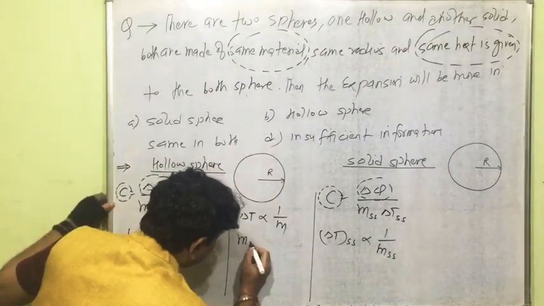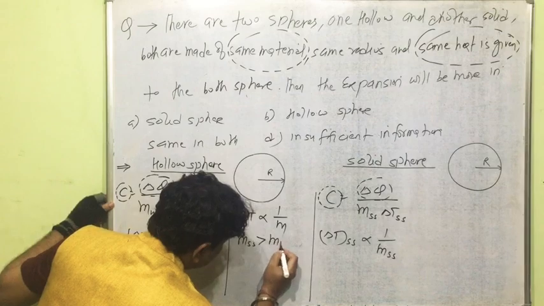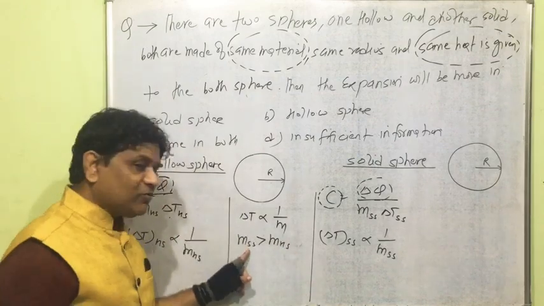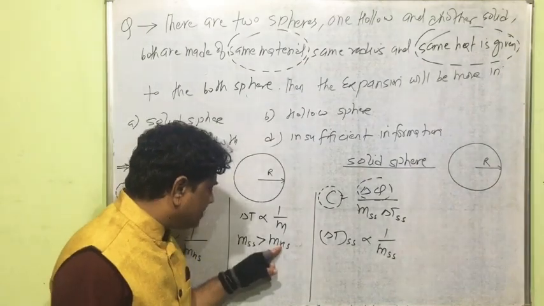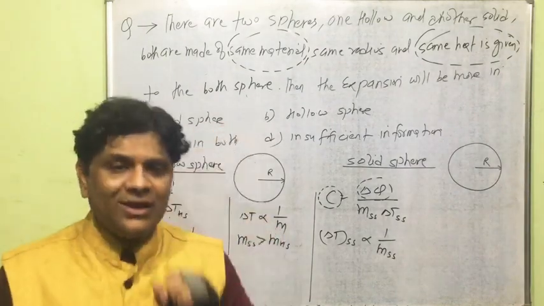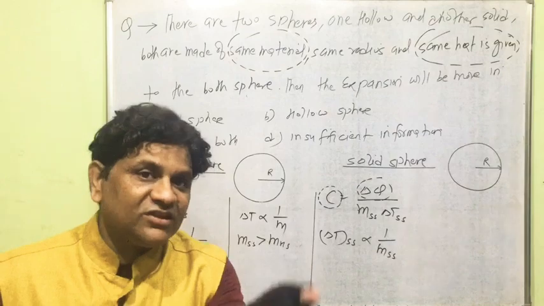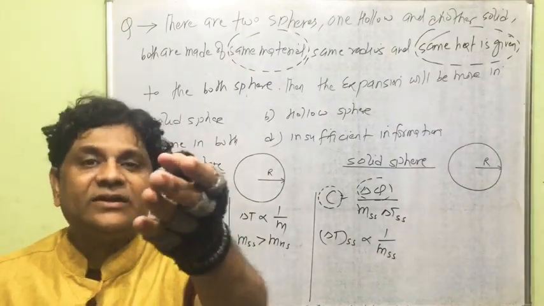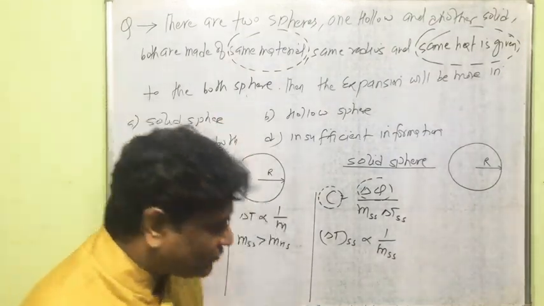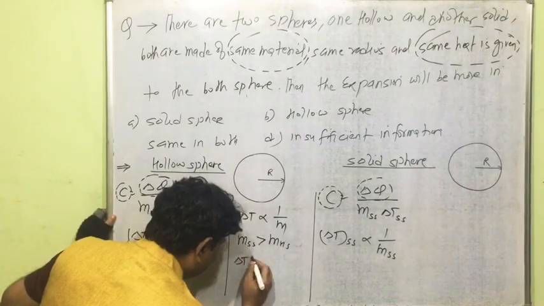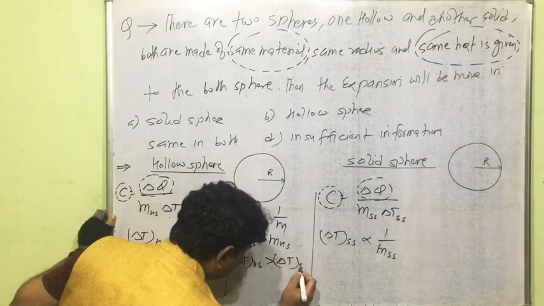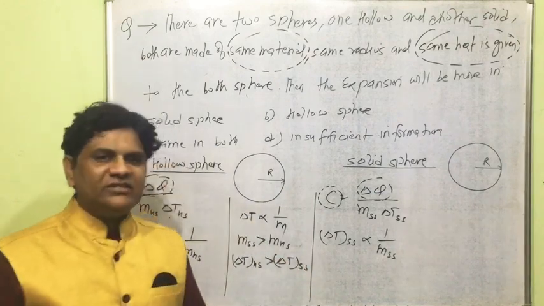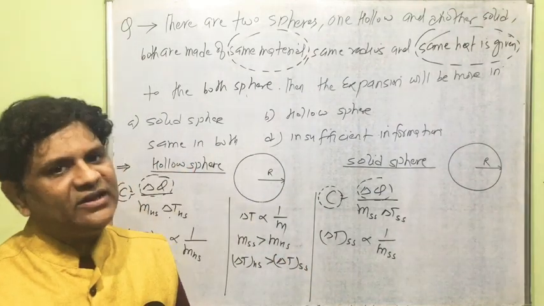The more the mass, the less the change in temperature; the less the mass, the more the change in temperature. So the change in temperature will be more for the hollow sphere than for the solid sphere. So delta T of the hollow sphere will be more than delta T of the solid sphere.